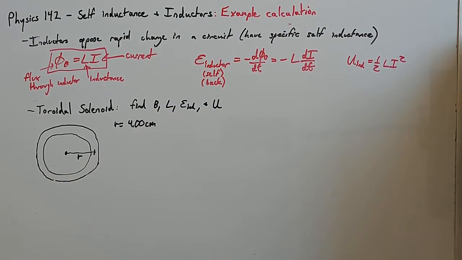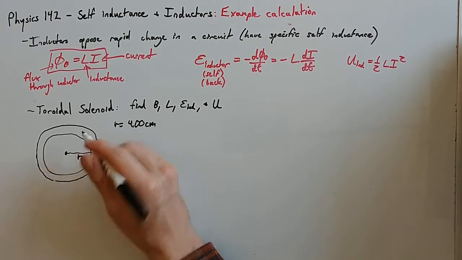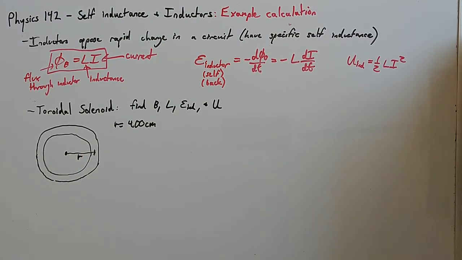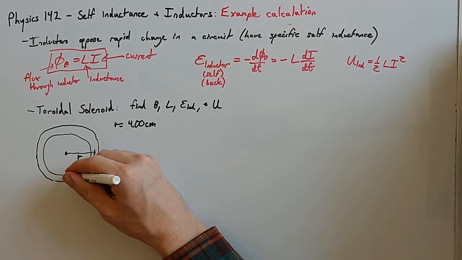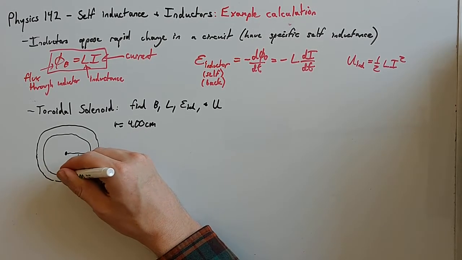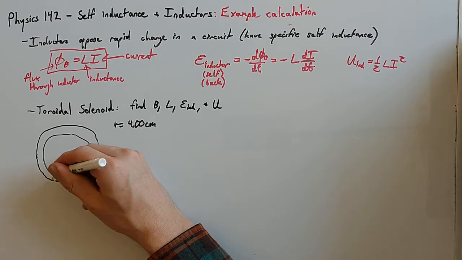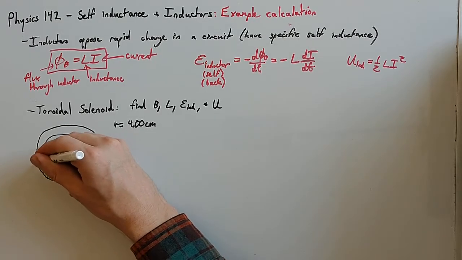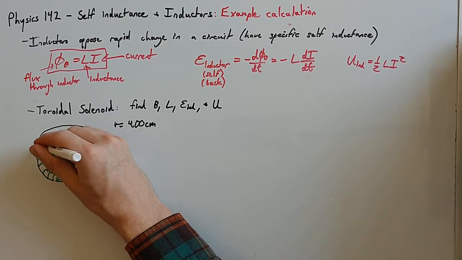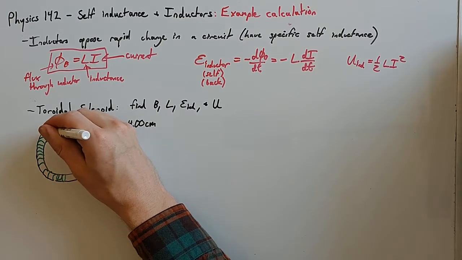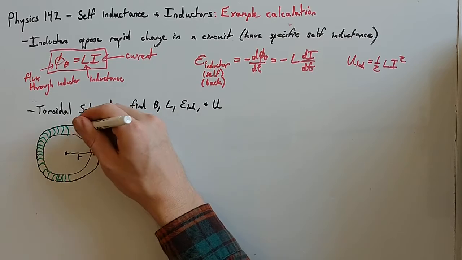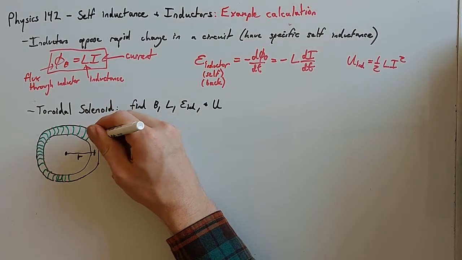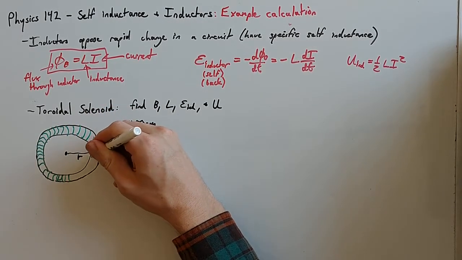And then some other things that might be useful: it's not just a torus, but to actually make it a solenoid, we want to have wire wrapping around it, right? So maybe this is a little better. We're going to wrap wires around that donut, all around, lots and lots of wire. Okay, drawing here, not exactly the best, but hopefully you get the idea.